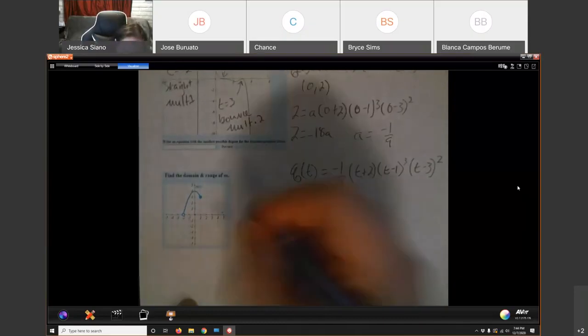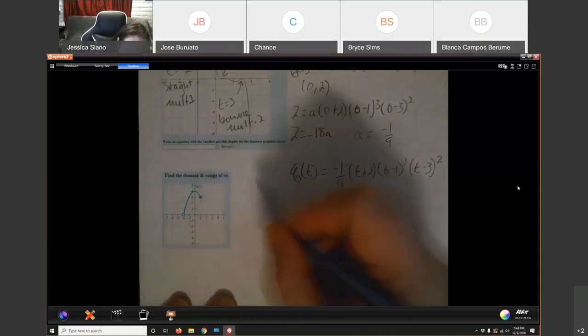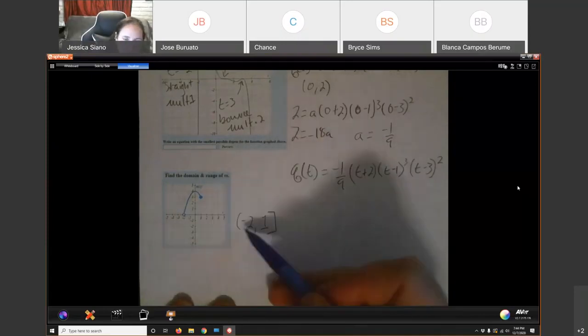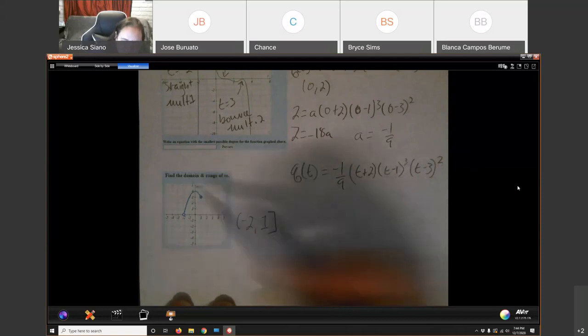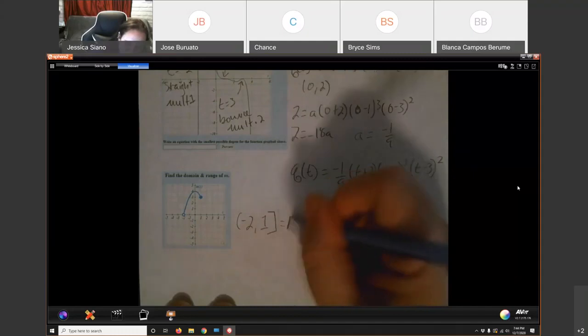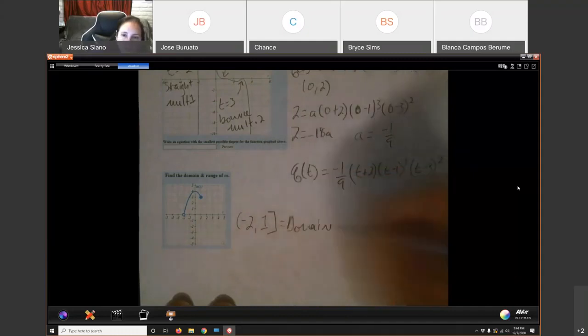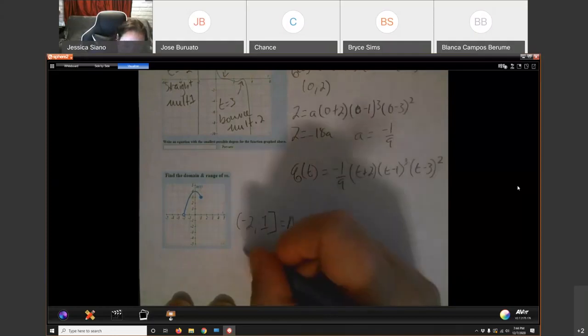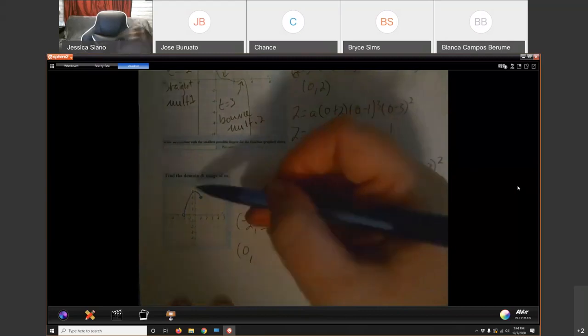Domain is left to right. We go from -2 to 1. Open circle gets a parenthesis, closed circle gets a bracket. So that's my domain. Range goes from bottom to top. So this would be 0 on the y, and it tops out at 4.